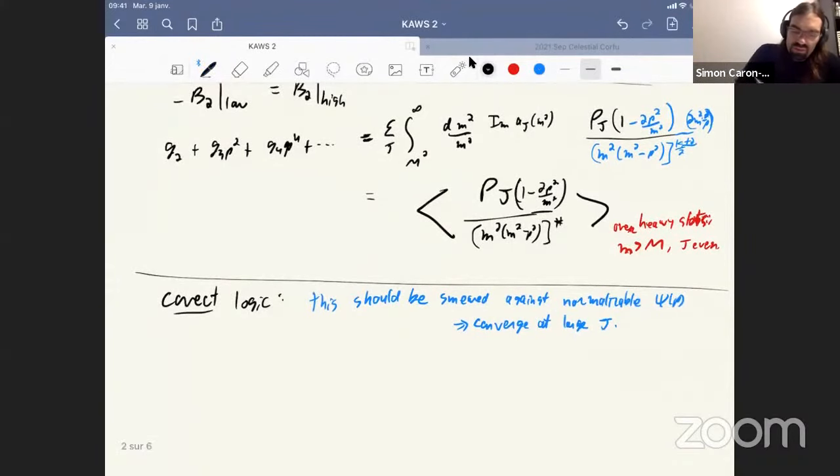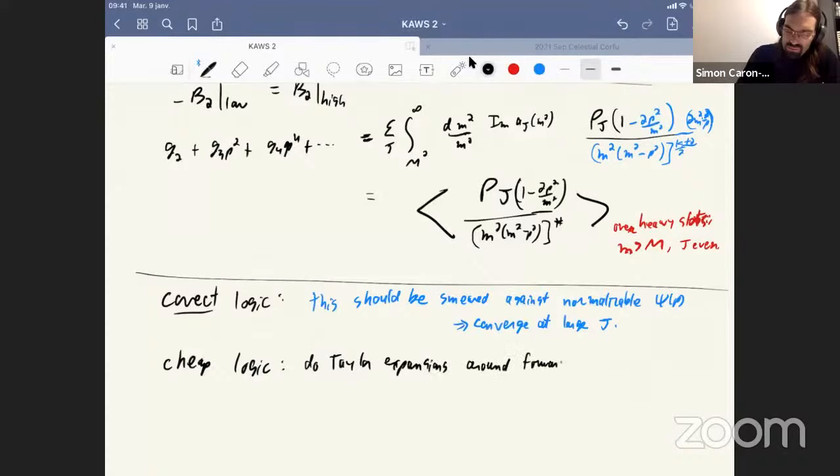There's a cheap logic, which is to just do a Taylor expansion around the forward limit. It's widely believed that this is correct when you neglect loops in the EFT.